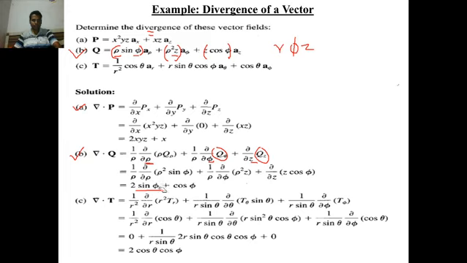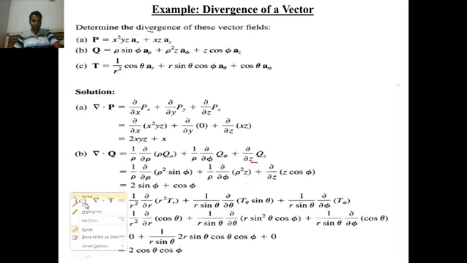How will you solve this particular third bit? In order to solve the third bit, first of all you carefully observe which coordinate system is mentioned in it.